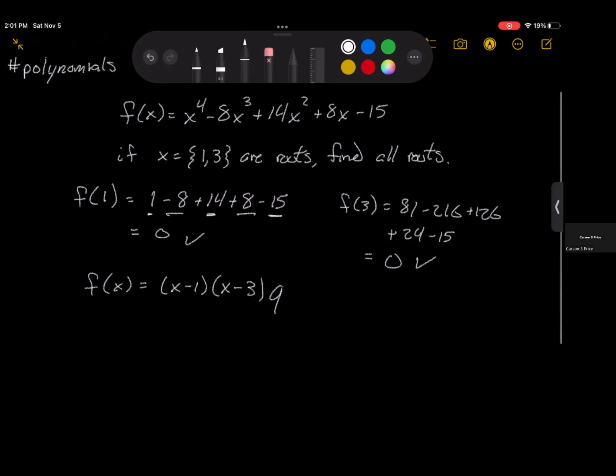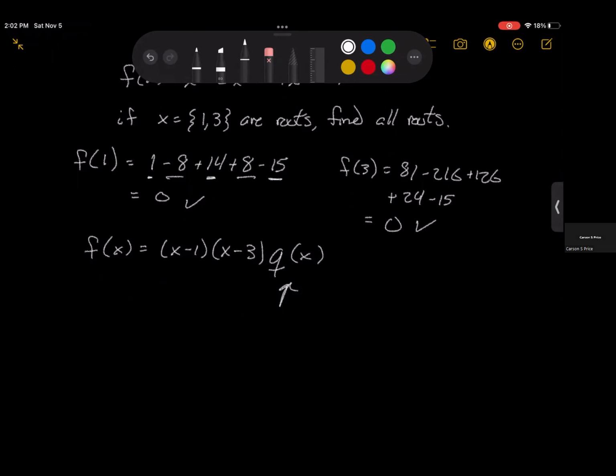And I'm missing some things, right? This is an x. This gives me an x. So this is 2 of my x's, but I'm expecting 4 of them, right? This is a fourth degree polynomial. So this q of x here, although I don't know what it is, I know it's going to have 2 x's in it. It's going to be a quadratic equation. And I can solve for that, right?